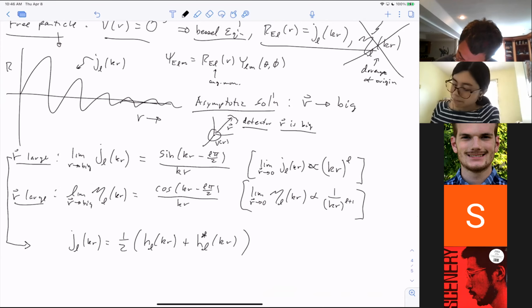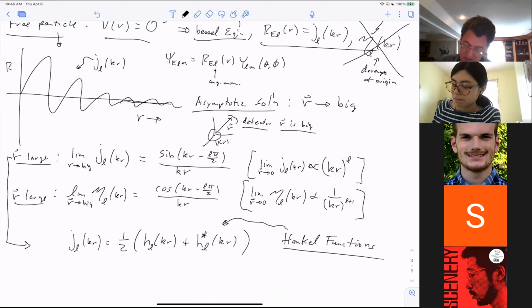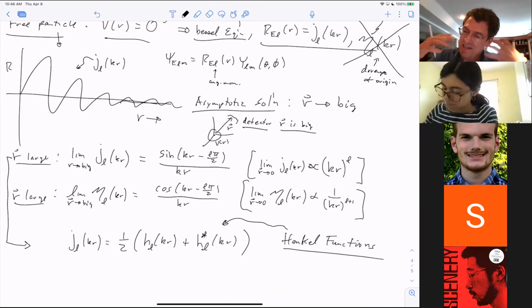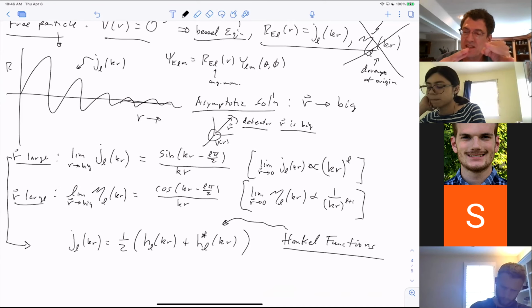This could really confuse you if you've never seen this stuff before, but it's actually not confusing, because remember, all of this has an analog to the simple Cartesian wave equation. The Bessel function is kind of like the sine function. The Neumann function is kind of like the cosine function, with a few added details that we shouldn't get caught up in.